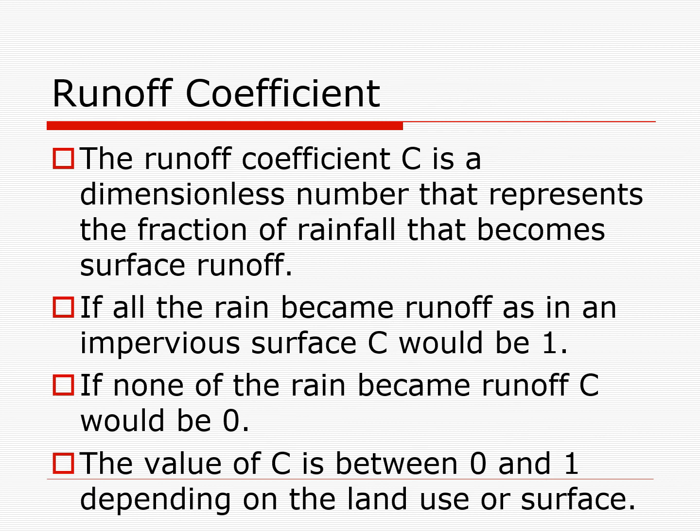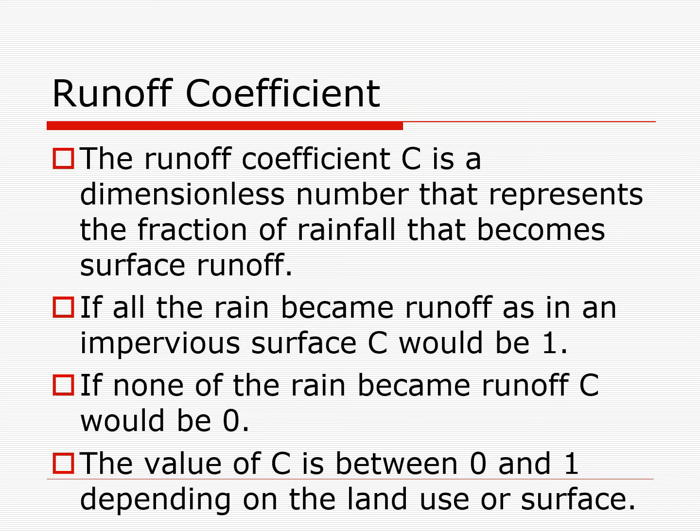So the runoff coefficient, C, is a dimensionless number that represents the fraction of rainfall that becomes surface runoff. If all the rain were to become runoff, C would end up being 1, and that is like an impervious surface. So if I have rock or clay, both of those are impervious, and the runoff would be 1.